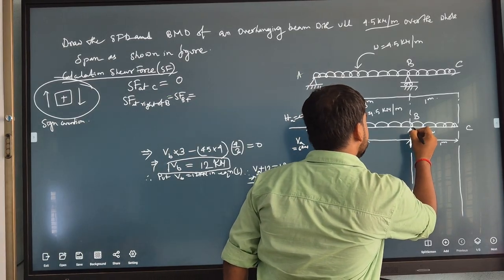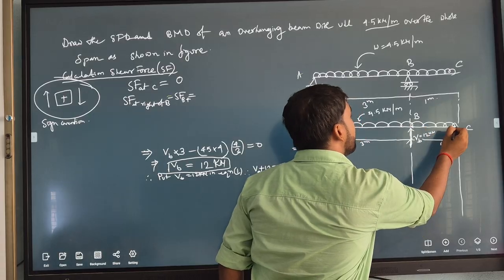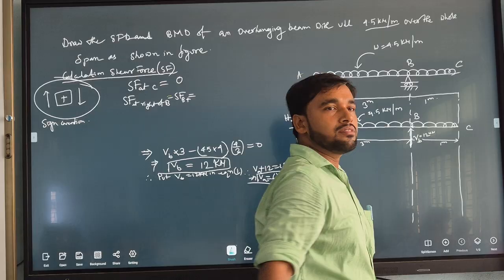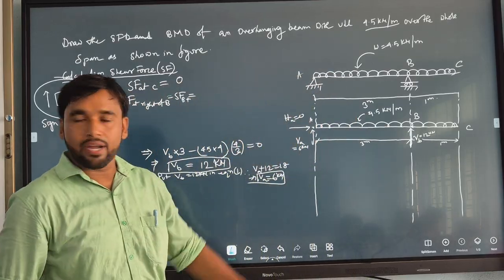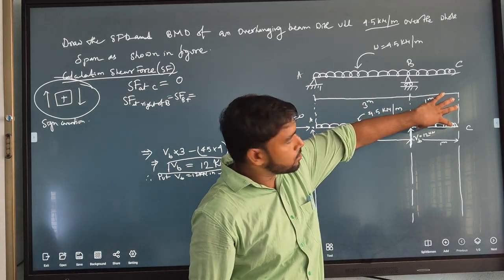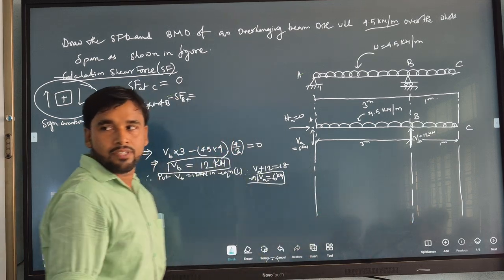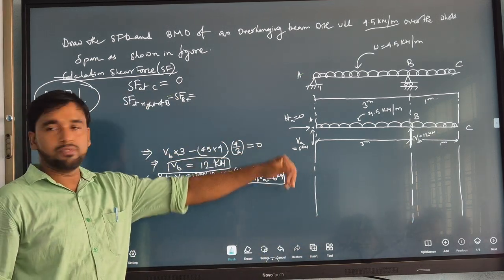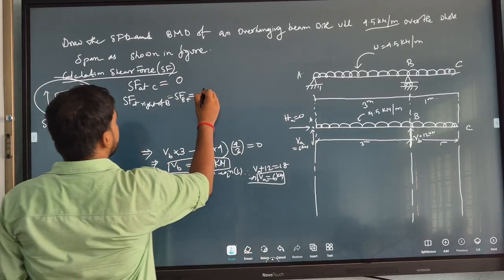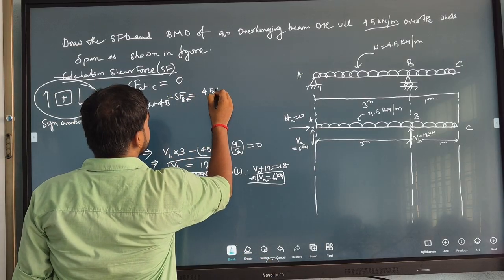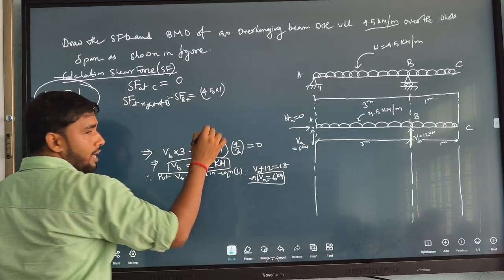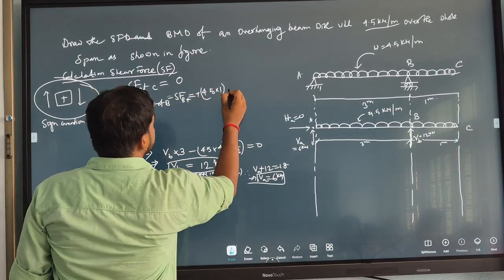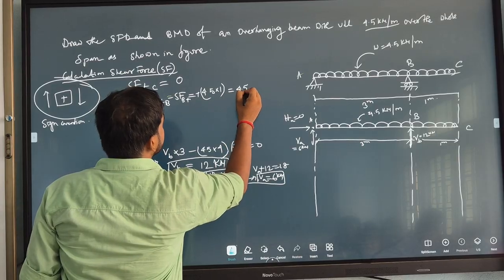You just see only this portion. 4.5 into 1. Only this amount of shear force will come. 4.5 into 1 meter, with 4.5 Newton per meter. Plus or minus, write down. This one is plus. So 4.5 Newton.